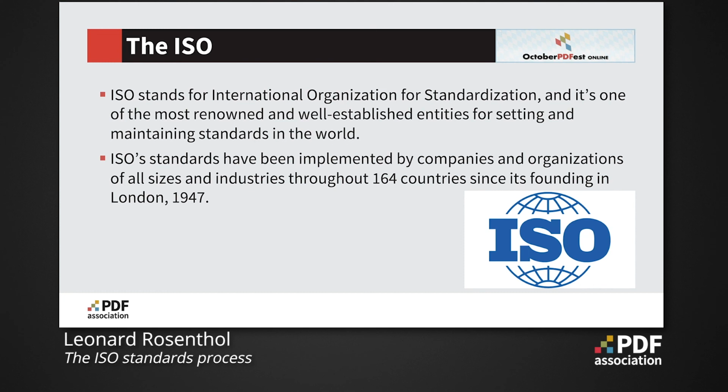We are leveraging a process, which you're about to hear about, which is used for standards, not only for technology standards like PDF, but even standards like, for example, one of my favorites, sun cream. So if you want to protect yourself when you go out in the sun and out on the beach, things like those SPF numbers you might have heard about, those are actually all ISO standards. So it's just one example of the many, many things that go on at the ISO.